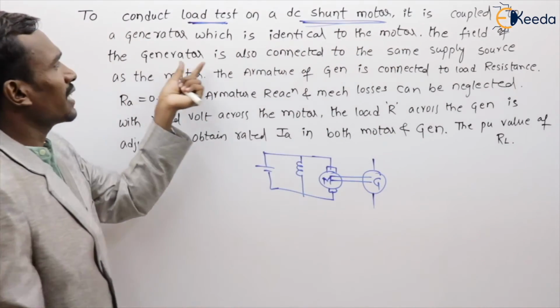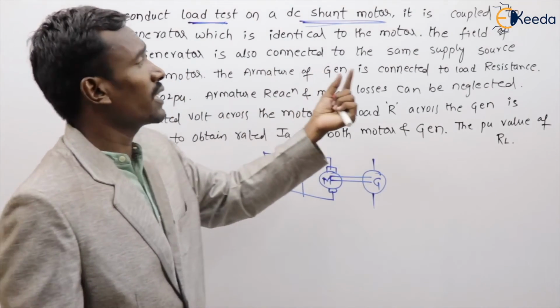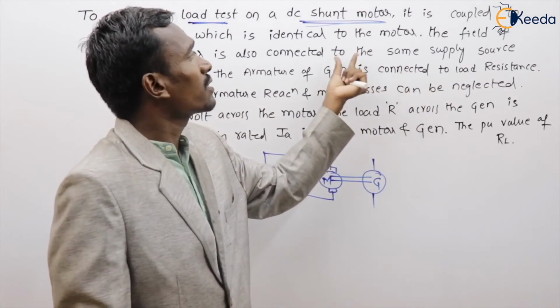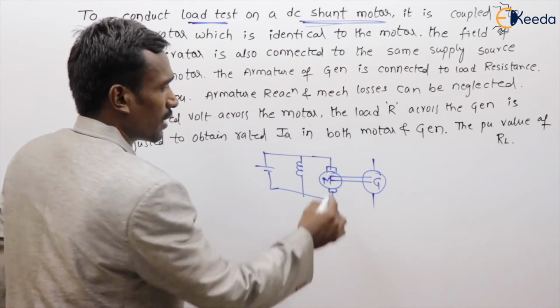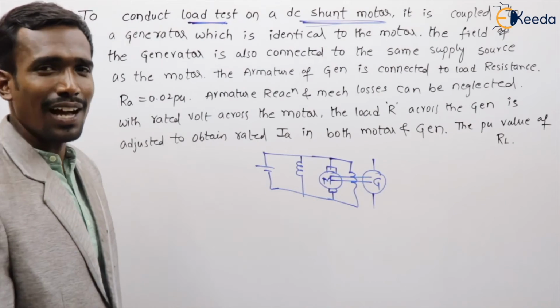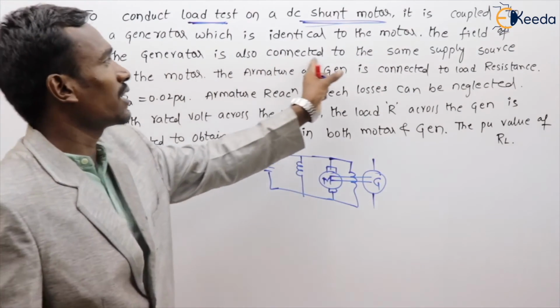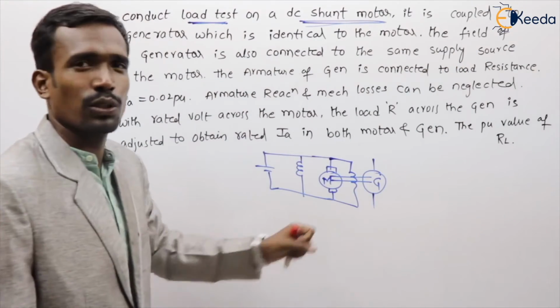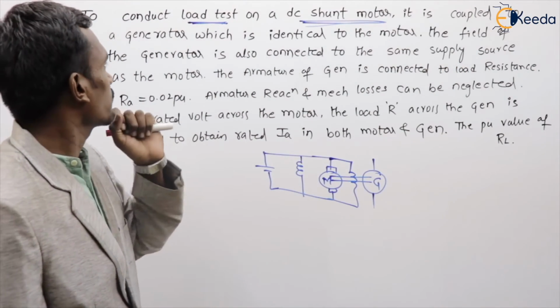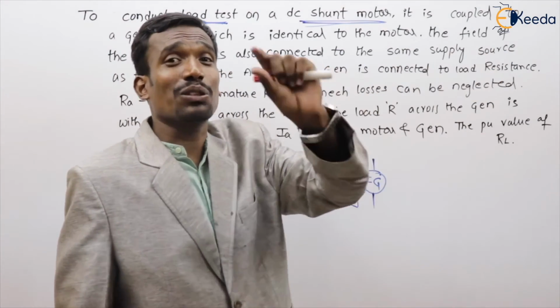The field of the generator is also connected to the same supply source, so here the field is also connected. As with the motor, the armature of the generator is connected to the load.